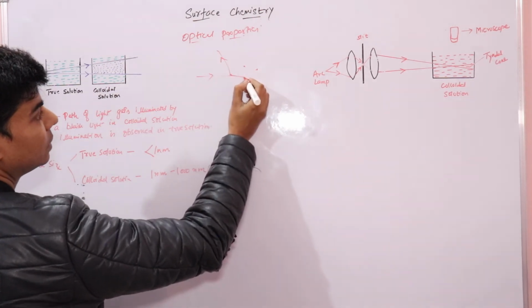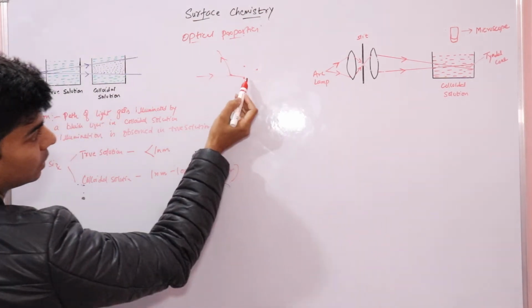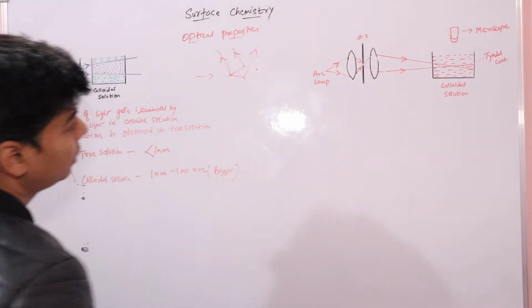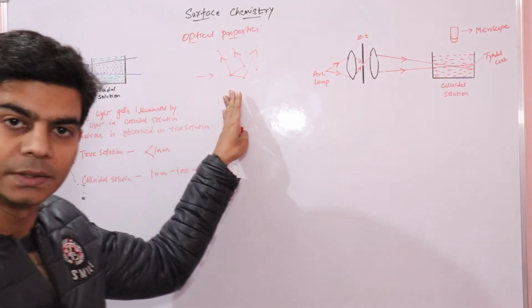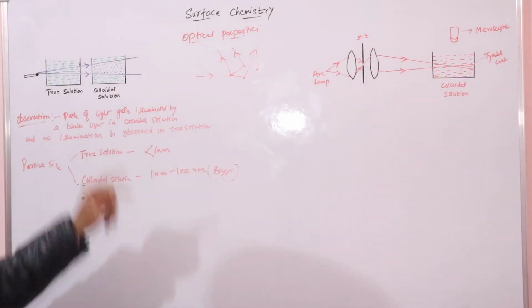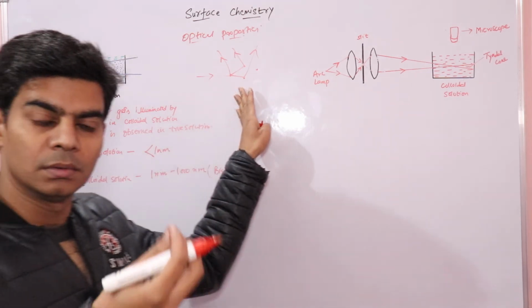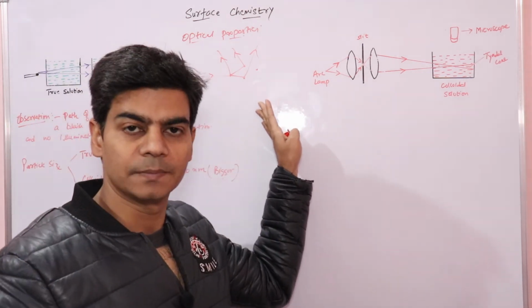If it strikes this particle, the light will scatter this way. So there is scattering of light in the case of colloidal solutions, and the scattering is due to the dispersed phase particles.